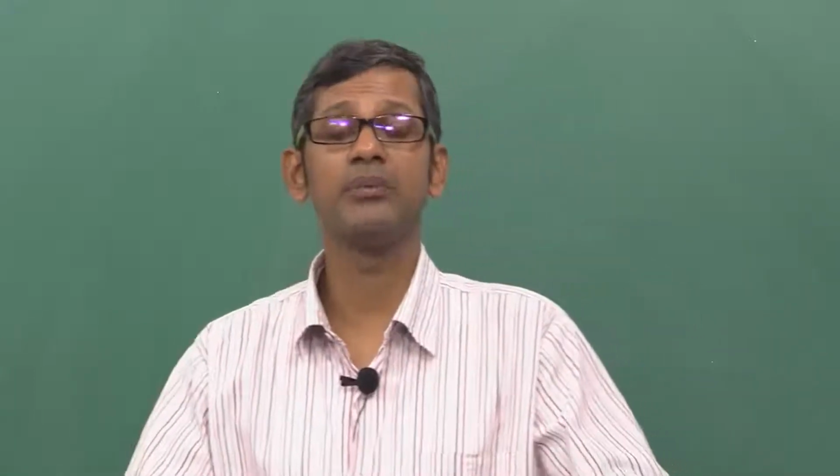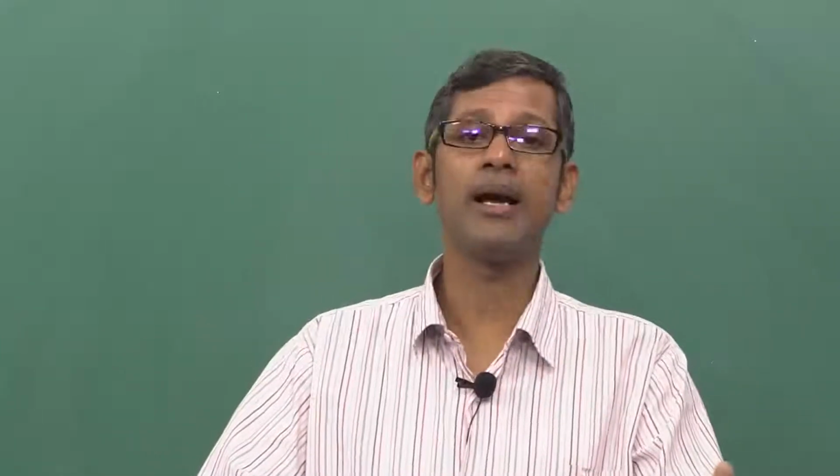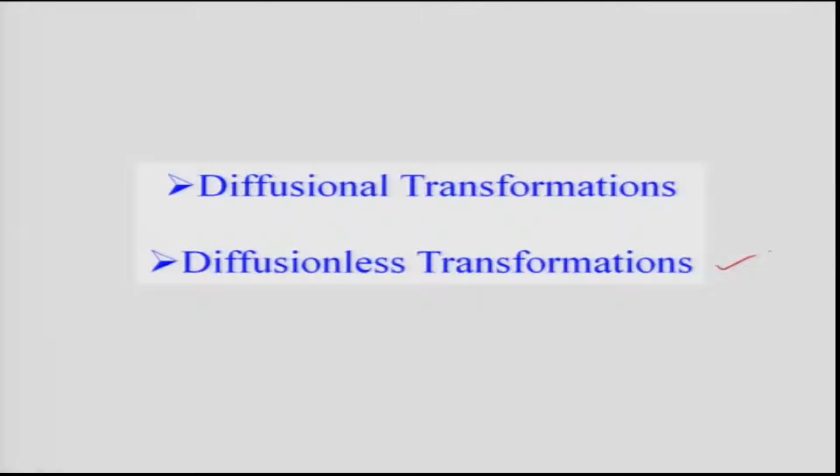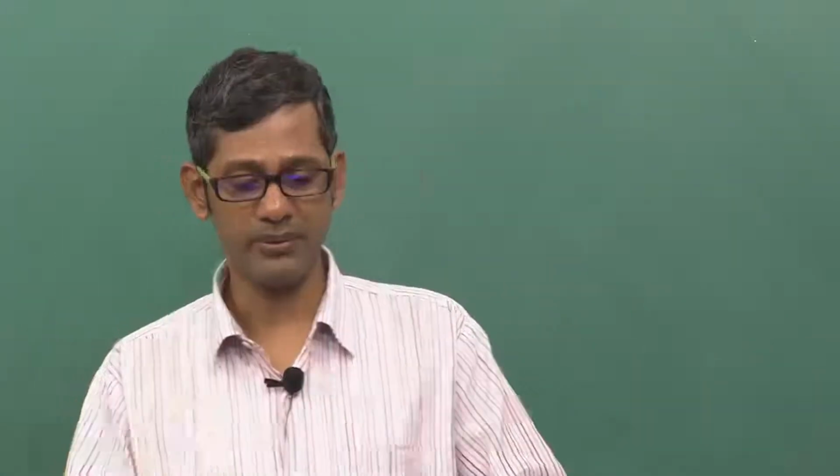But there are transformations which we will discuss in a later part of this course which do not require diffusion of these atomic species. They can happen without diffusion also. They are known as diffusionless transformations, and they happen because of the shear forces present during transformation, which we will discuss in detail. So, first we will take up the diffusional transformations.